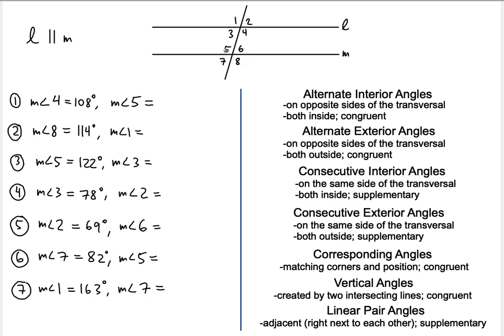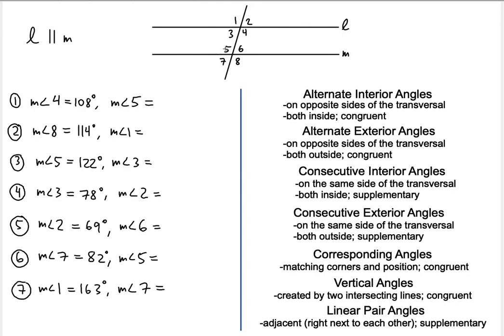Notice that 5 is on the left side, 4 is on the right side. And 3 is on the left side, 6 is on the right side. They're not next to each other like 5 and 6 are or 3 and 4 are. However, they're on the opposite sides and they're inside, because they're not going outside the parallel lines L and M. They're kind of squashed in by the parallel lines.